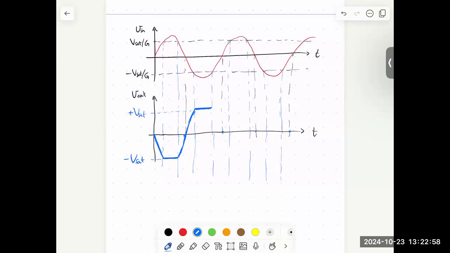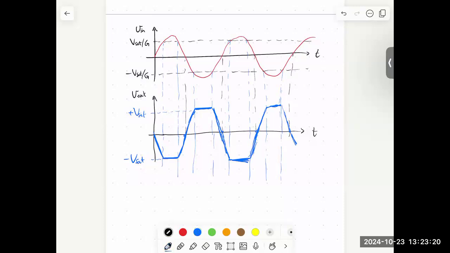All right, and then this whole thing just continues on in that kind of fashion. So we get clipping here, and this has to go through zero, and then we get some clipping over here, like so. All right.